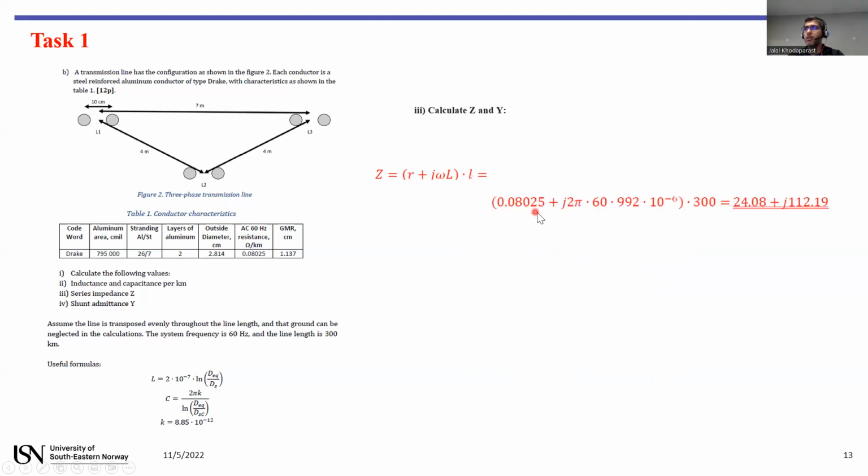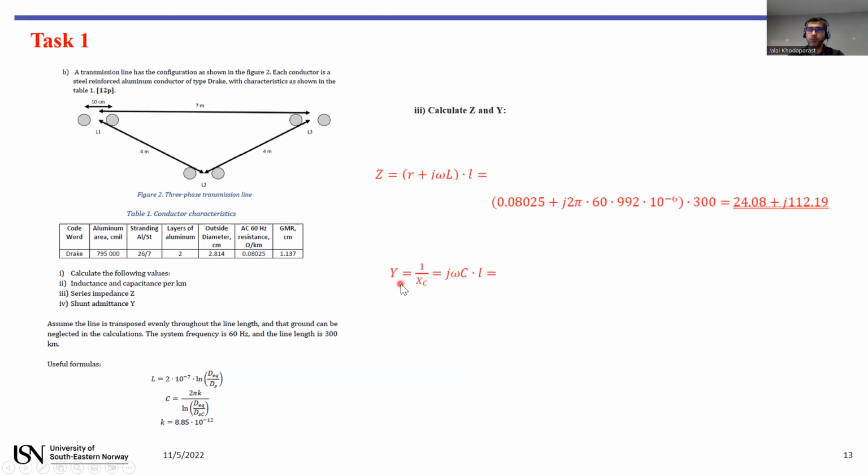This R, you can see, is from here. The AC is 60 hertz, the resistance of the transmission line, omega is 2 pi times the frequency 60 hertz, and this one is the inductance, and 300 kilometer is the length of the transmission line. So based on this formula and calculation, you have the Z, the whole impedance of the transmission line.